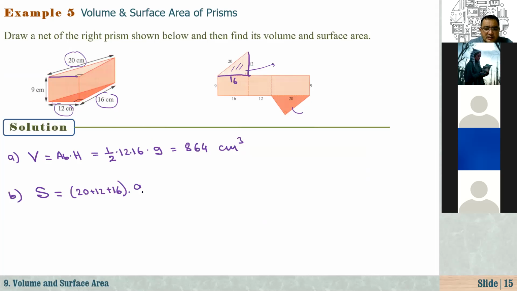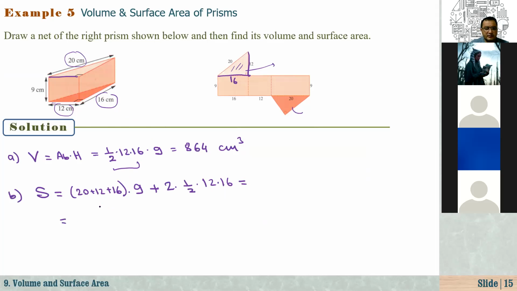The height of the prism is 9, plus 2 times the base area. The base is the triangle, and its area is 1/2 times 12 times 16. That is the total surface area of this prism.